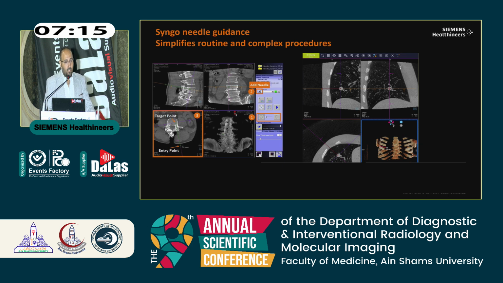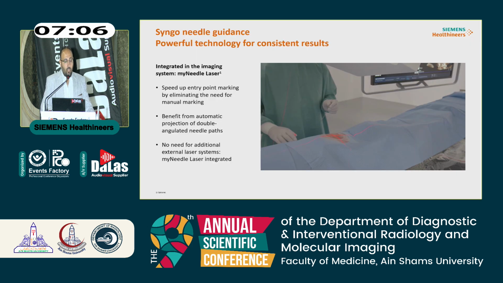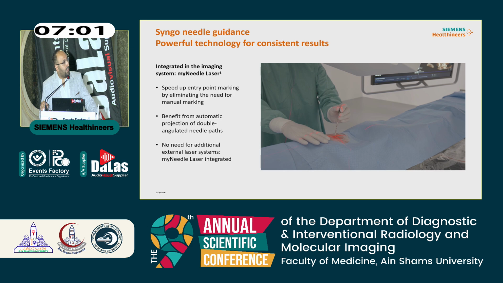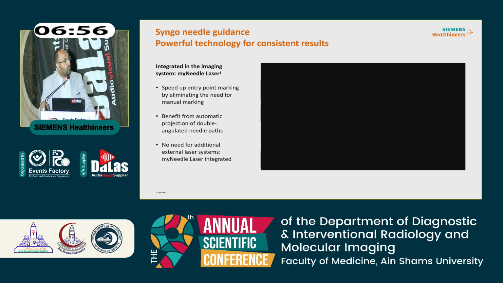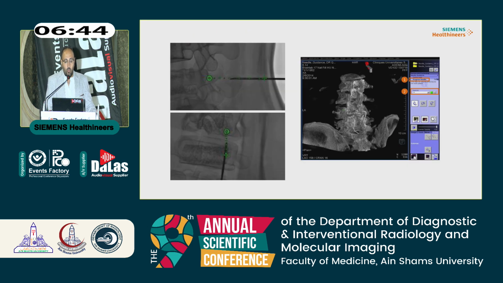After making our path, the system will go automatically to the next step, which is advancing our needle. When we do this step, a crosshair laser integrated within the software will turn on at the entry site according to the line that the physician already made, and he starts to advance his needle. Also, the system will automatically calculate 3 projections.